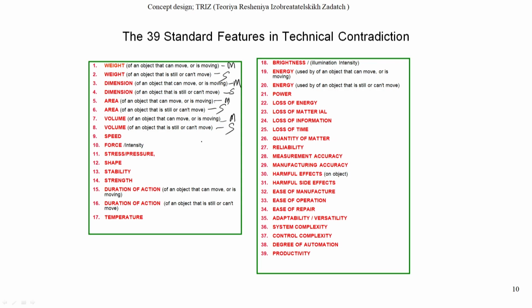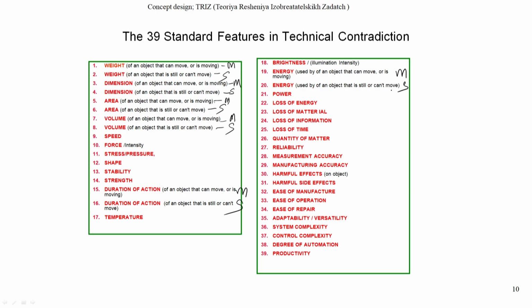Then there comes speed, and then there comes force, stress or pressure, which is over a unit area, shape, then stability, the strength, duration of action of an object that can move or is moving. So, again movement, and duration of action that is still, S. Temperature, brightness, energy, again energy has two components, M and S.